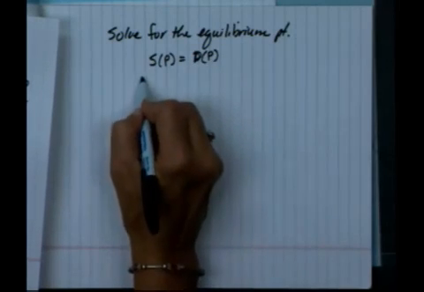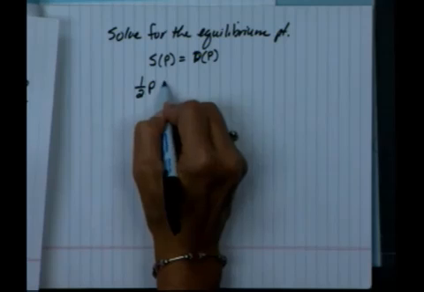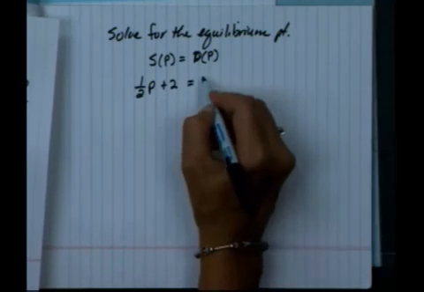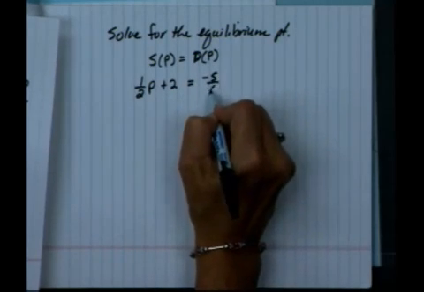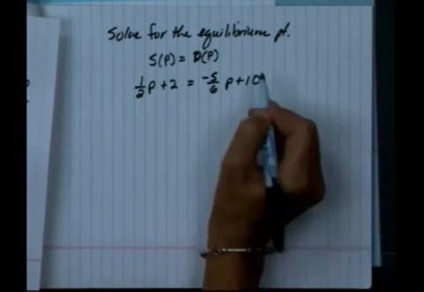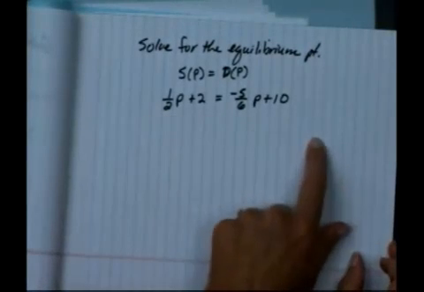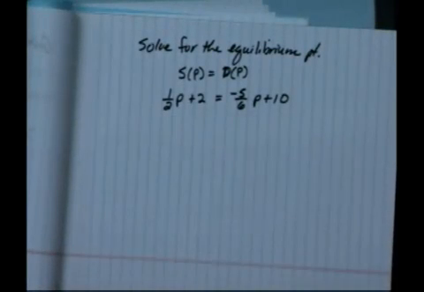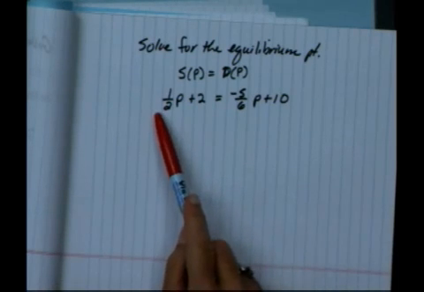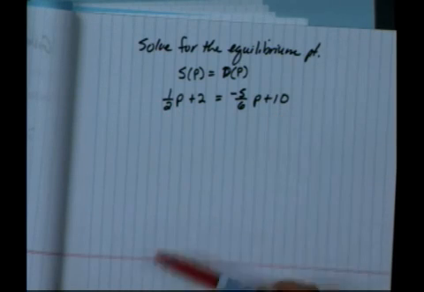The supply curve is 1/2 P plus 2. The demand curve is minus 5/6 P plus 10. Okay, everybody see where I just copied that from? All right, so now we have a linear equation in one variable.